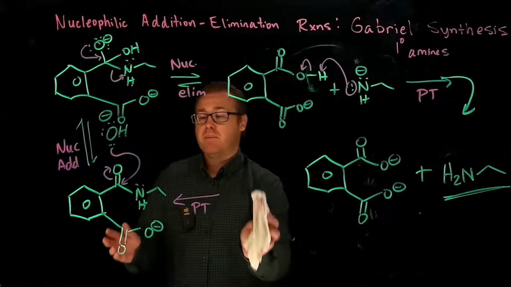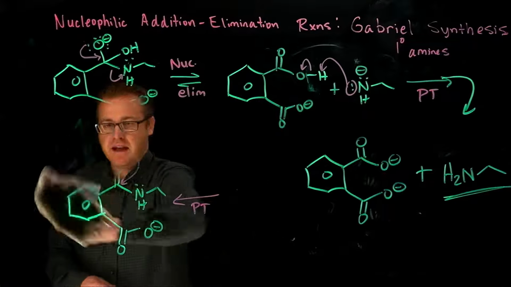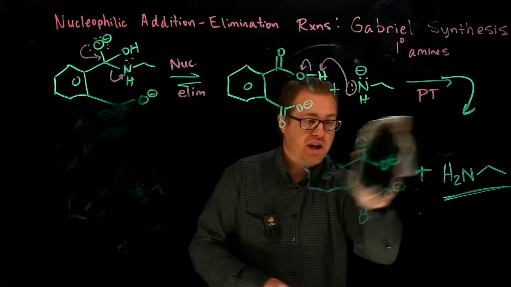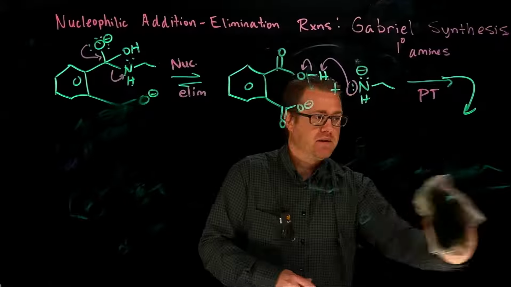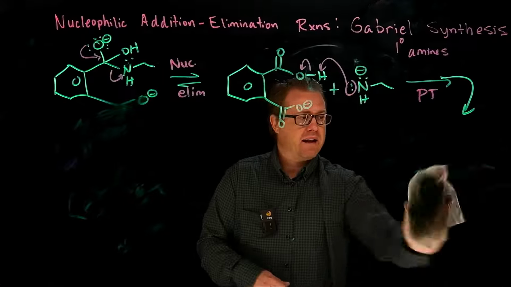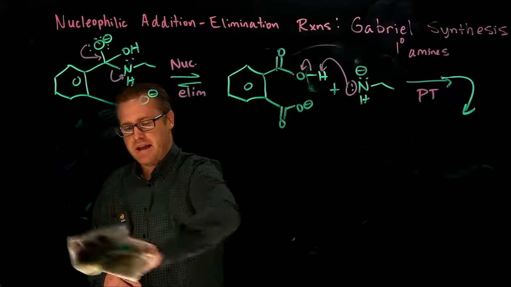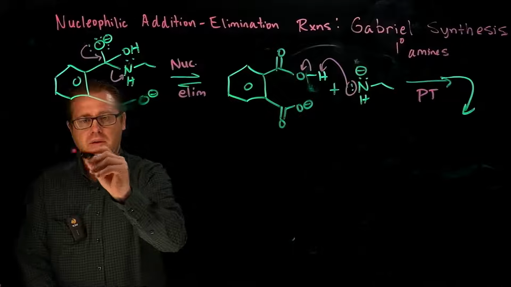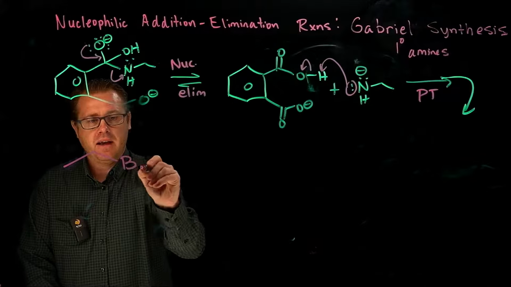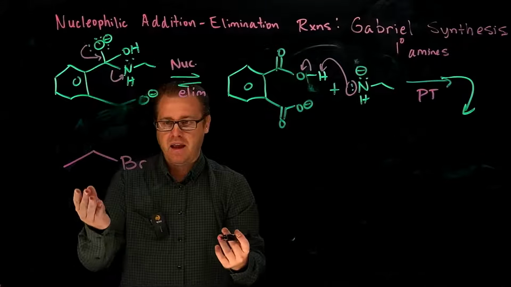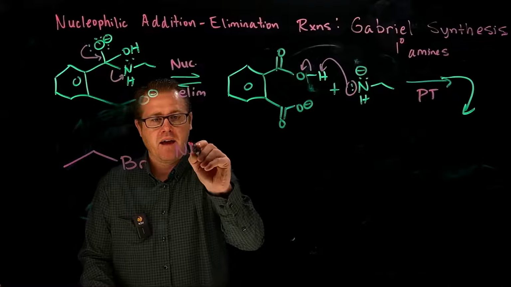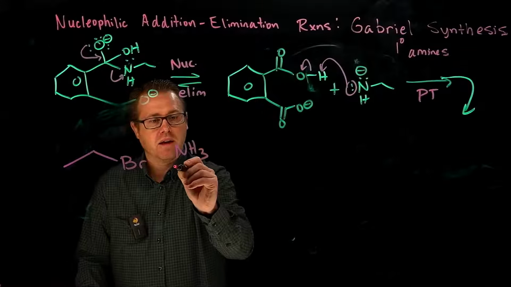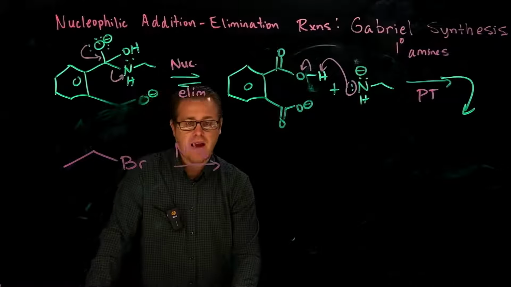Now, to fully appreciate why this reaction is so cool and useful for generating primary amines, you have to go back, well, way back to some previous videos that I've made, or if you remember doing a reaction like this. What if we took a primary alkyl halide and treated it with ammonia, like that?